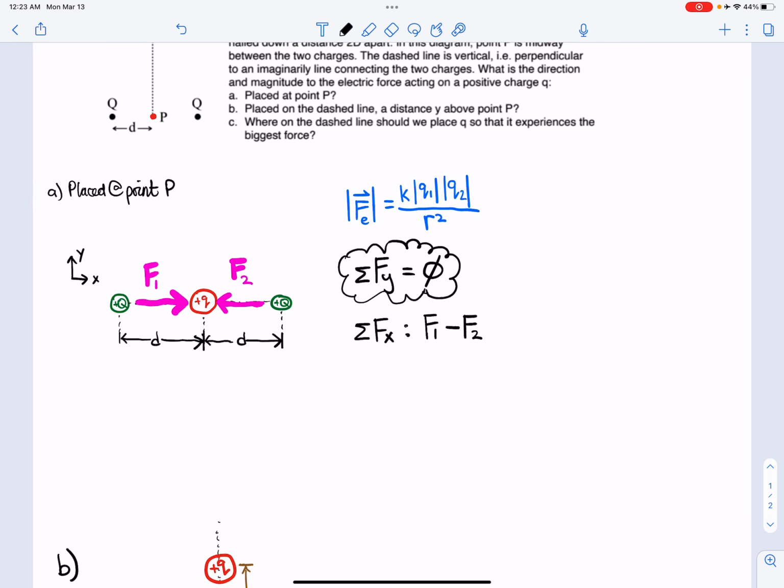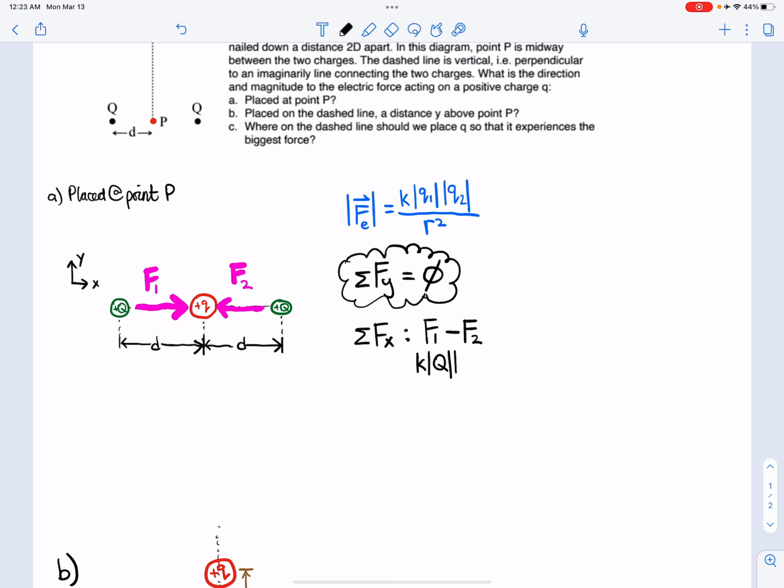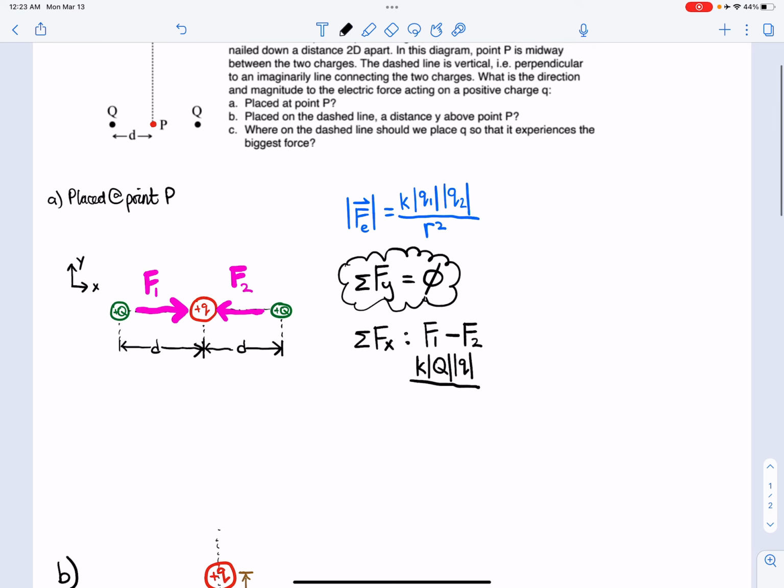F1 would be K times the source charge, which is positive Q, right? And the magnitude of the little q, which is the point that we want to find the electric force acting upon, divided by the distance between the centers of charges, and that is d, right? That's this guy, d. And we subtract that by F2, which is also K, the electrostatic constant, times the charge for force 2.